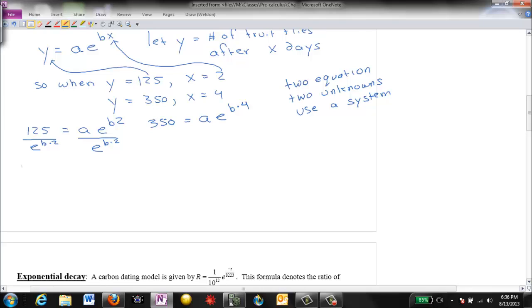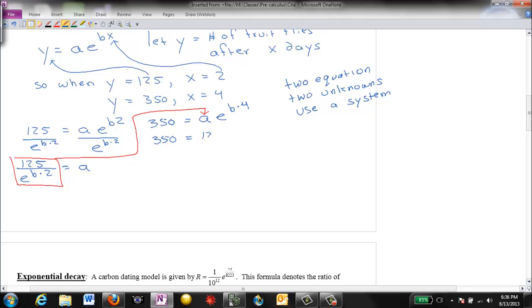Okay, so now I know that 125 over e to the b times 2 is equal to a. And if I know that, if this is what a is, then I can take this expression, which is a, and bring it over here to my second equation and drop it wherever I see an a. So now what I have in my second equation is 350 equals, and instead of writing a, I'm going to substitute in that expression.